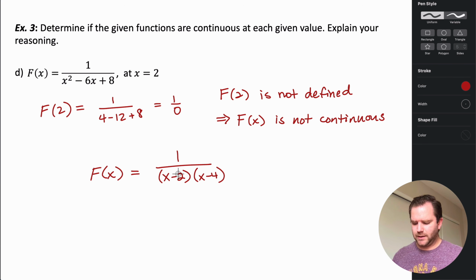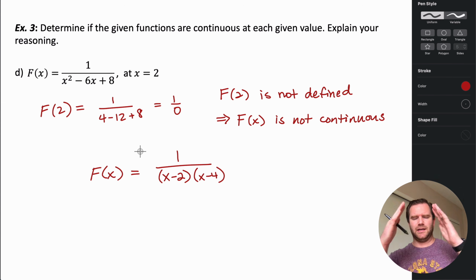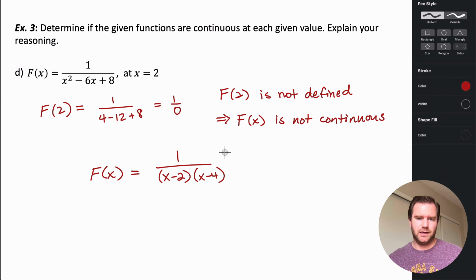To evaluate the limit around 2, I would use a table of values and pick numbers like 2.1, 2.01, 2.001, 1.9, 1.99, 1.999, and see what's happening on either side and what those are approaching. They're going to be going off to positive or negative infinity. So the limits technically wouldn't exist there either. But if you wanted to see how it was unbounded, you would have to use a table of values to evaluate that limit.